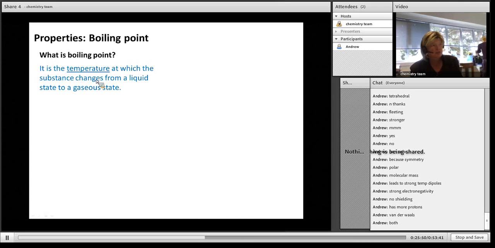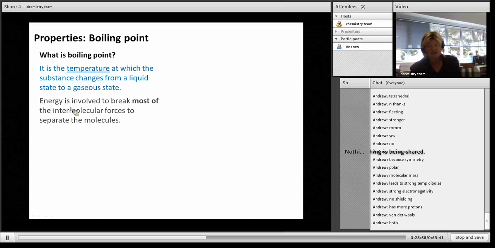So it's a measured point, it's the temperature, so it will be in degrees centigrade. And as I said earlier, you've got to break those intermolecular forces to separate the molecules, because when it changes from liquid to gas, the particles are being separated.